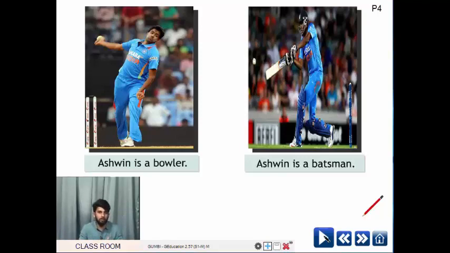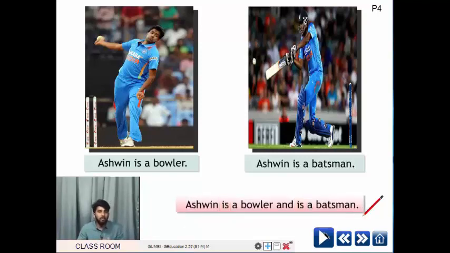Simple sentences. Now let's see how we can combine these two simple sentences together into one single sentence. Ashwin is a bowler and is a batsman.